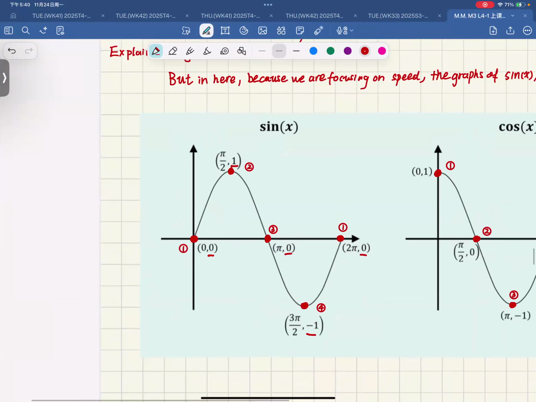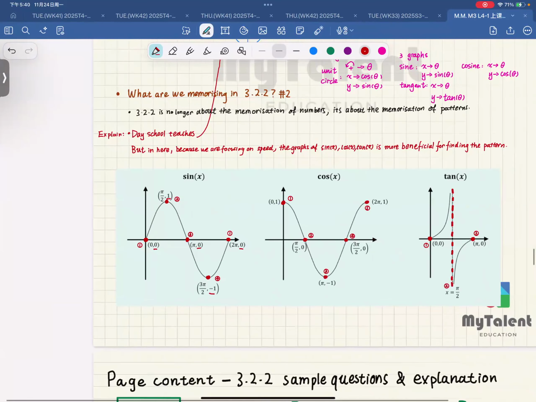So I really want you guys to memorize these graphs. We have some special points. The first one is 0, 0. For the sine graph, when x is equal to 0, y is equal to 0.